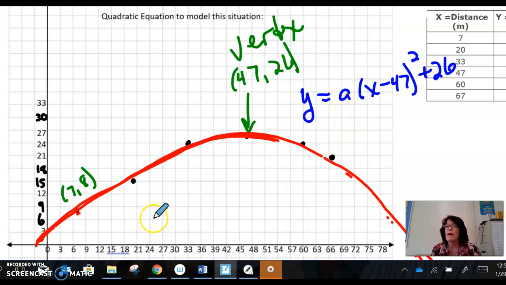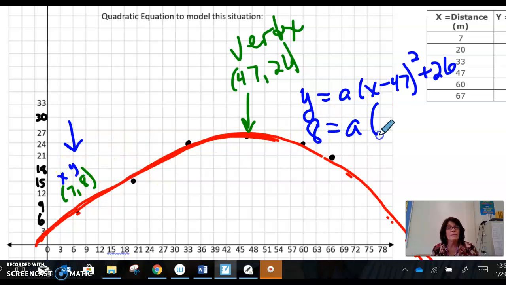What do you think, though? Is a positive or negative? Yes, negative, because I'm opening down. But I don't know what it is. So I'm going to use this other xy point that's on the parabola, fill that in for x and y to help me find a. y is 8, and x is 7.